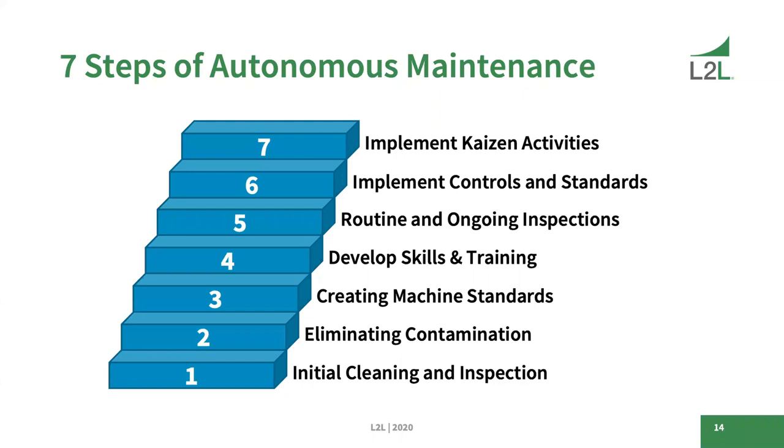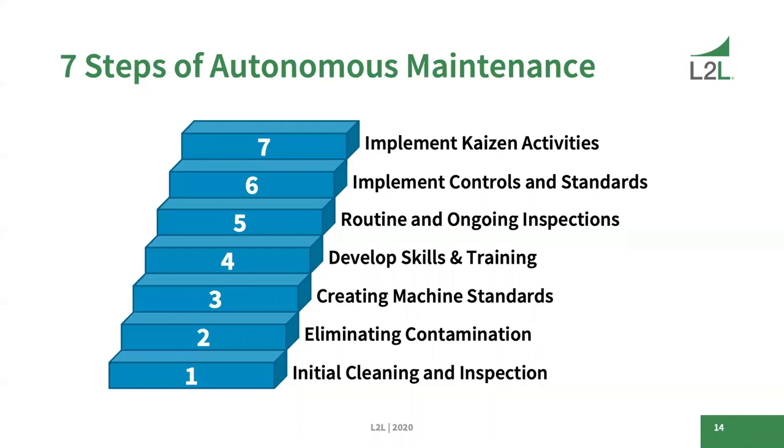And then finally is to implement Kaizen activities around the entire autonomous maintenance process, making sure that we are constantly getting better and that we are giving people the incentive to get better, right?